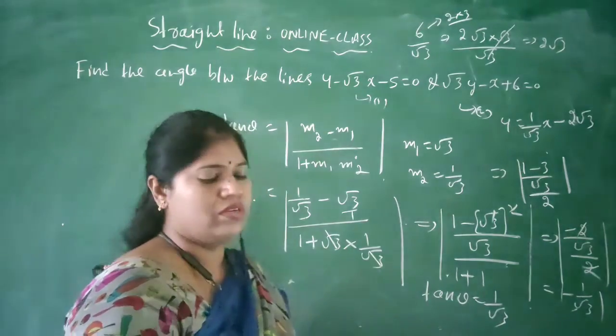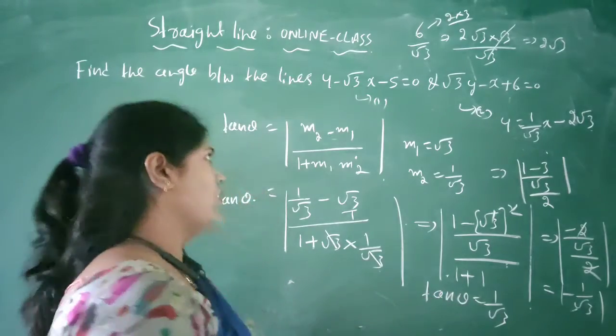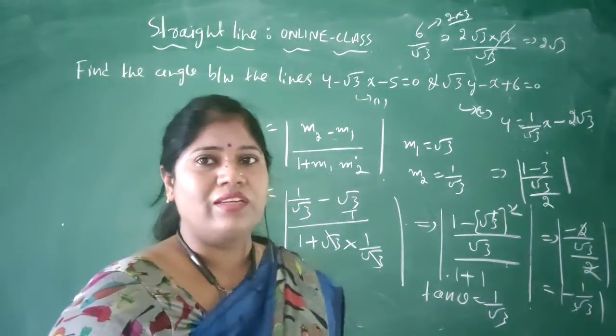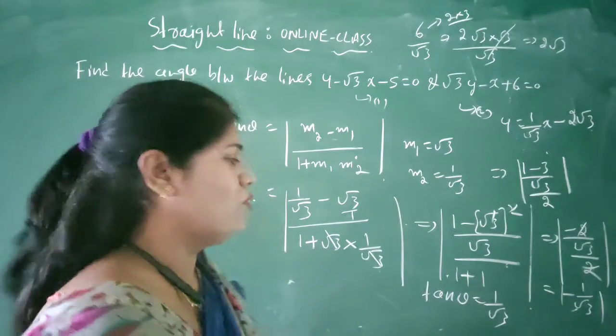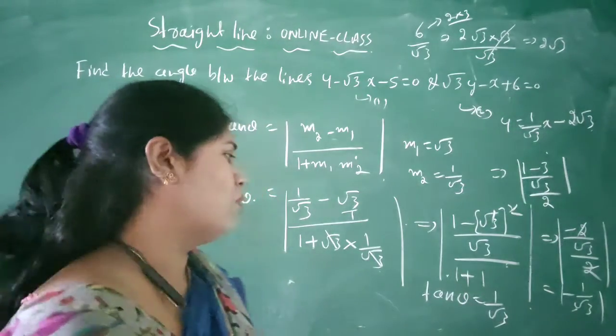So, we can use trigonometric functions of standard angles also. We know that in the previous class we have discussed sin 30 degree, cos 30 degree and tan 30 degree. What will be the tan 30 degree value? It's 1 divided by root 3.